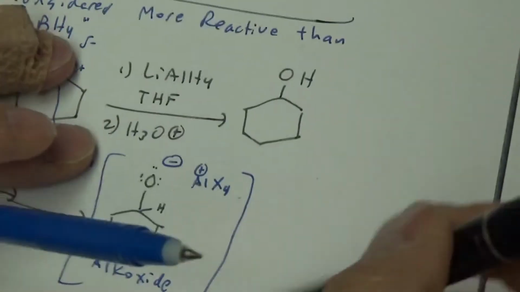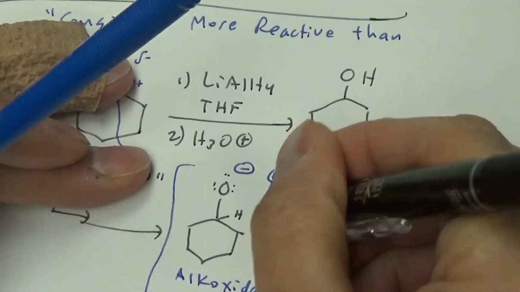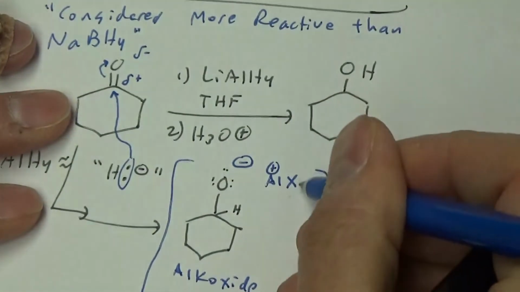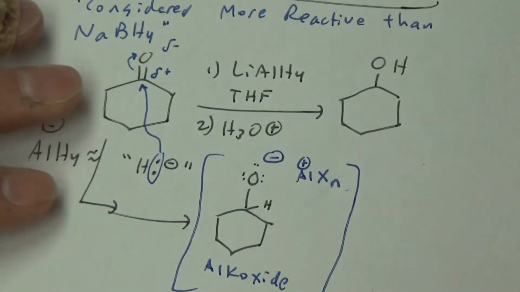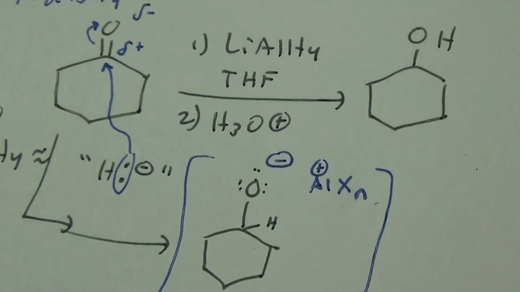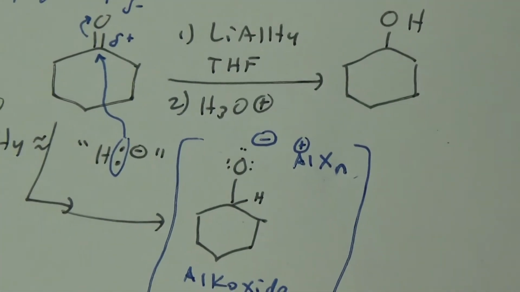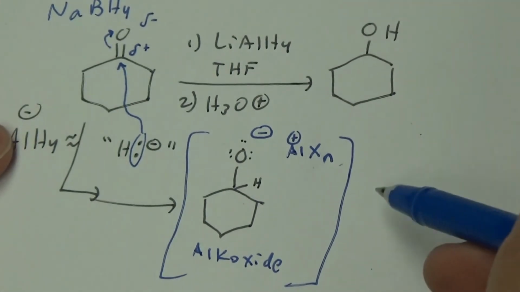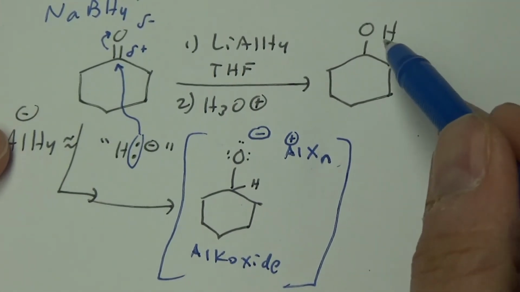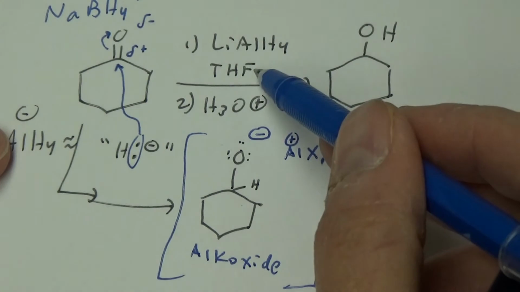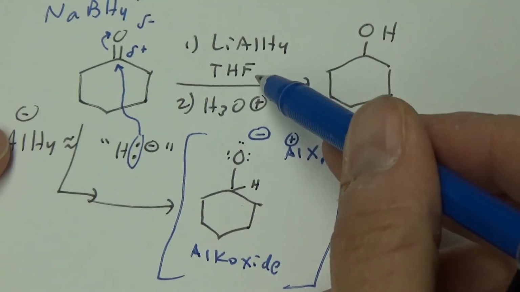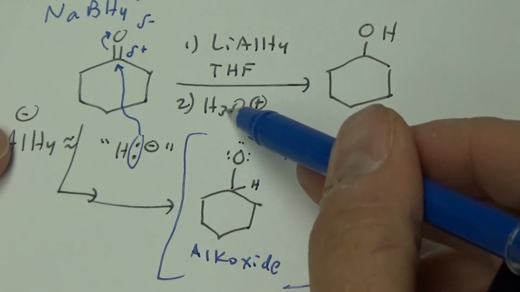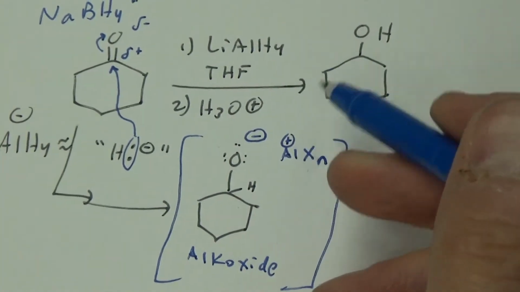We're just saying some number of things around the aluminum. Then the question is, where's that proton going to come from? Well, THF does not give up protons. That's why we have the second step, the H3O plus step.